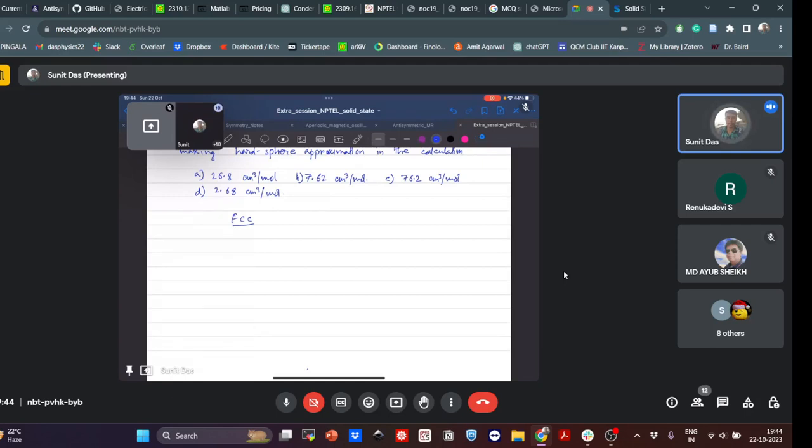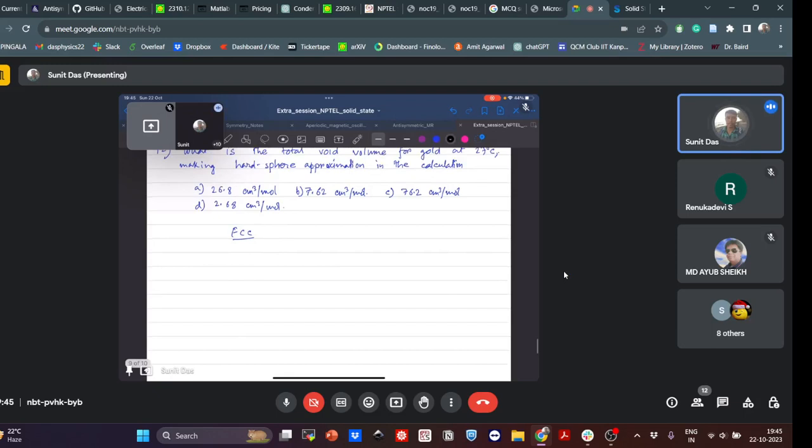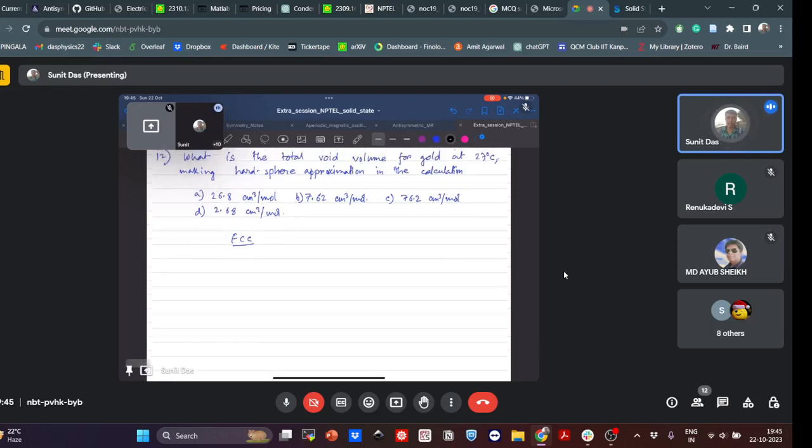So okay, we need to find the void volume, not the packing fraction. Right, and it should be in cm cube per mole. Whatever you have said is correct in percentage. So for that, actually, the question doesn't give that information, but you need that.